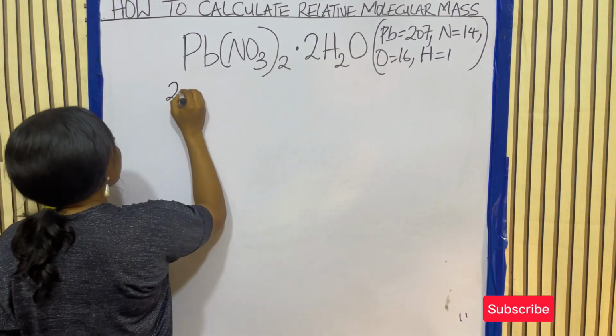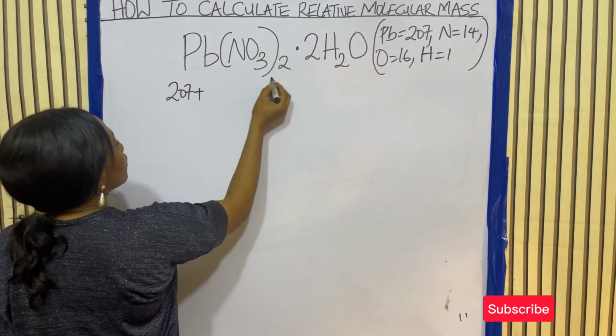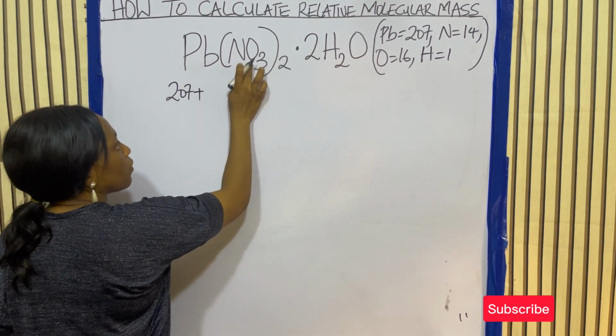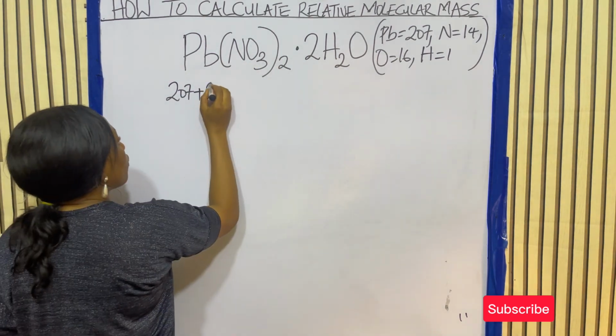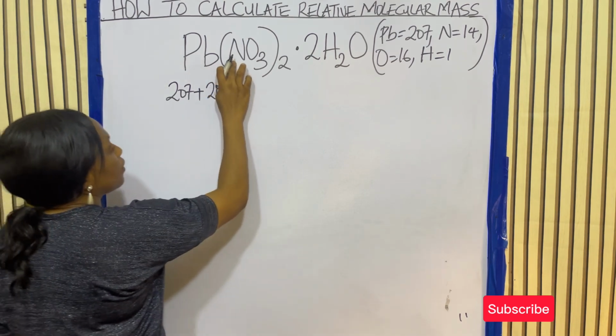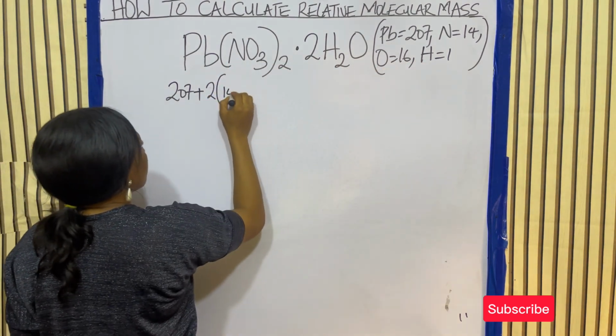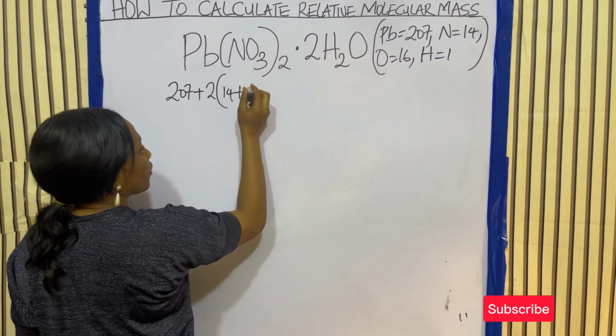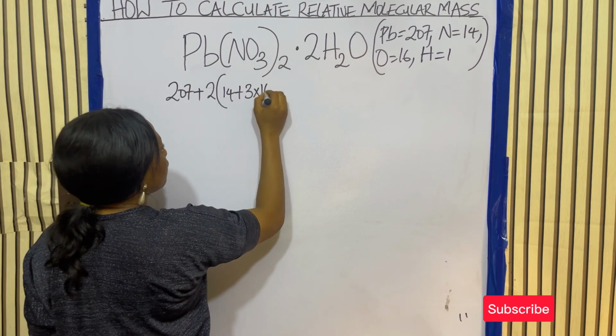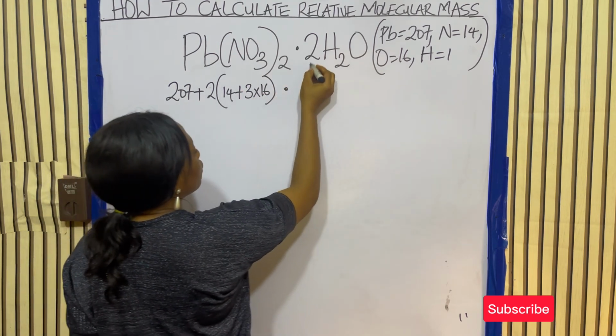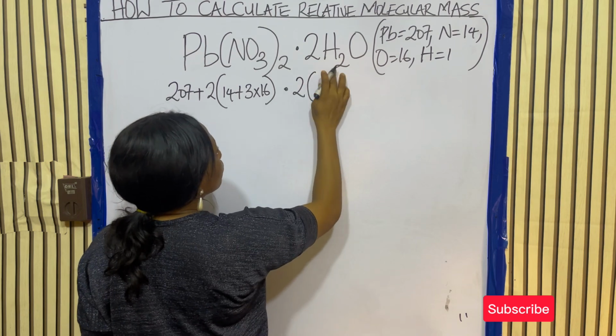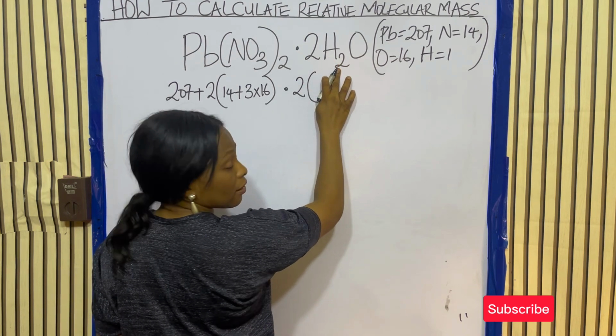Lead is 207 plus, then this 2 is multiplying everything in the bracket. So we're going to put 2 like this, and then nitrogen is 14 plus oxygen has 3, 3 times 16. Then I'm going to put the dot and 2 into hydrogen here has 2.